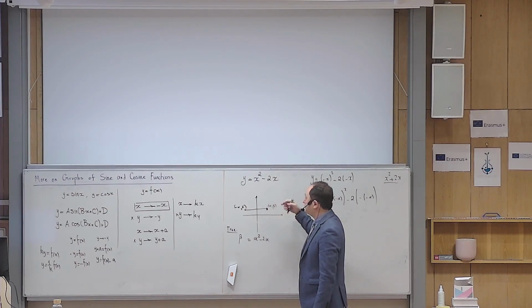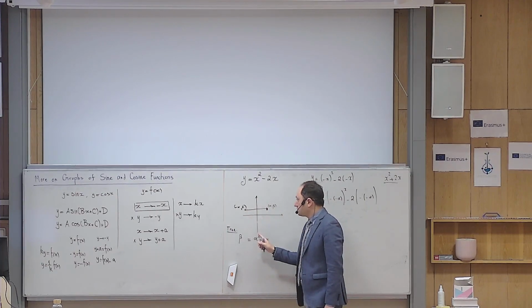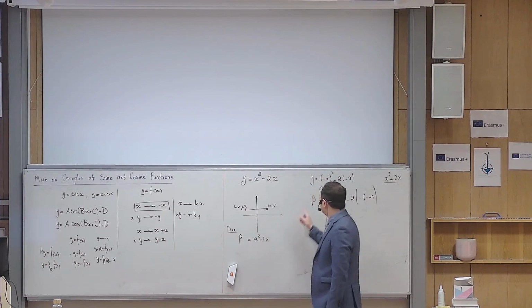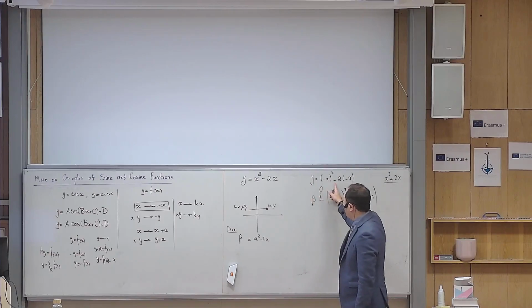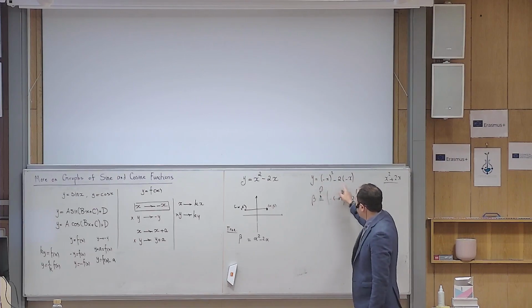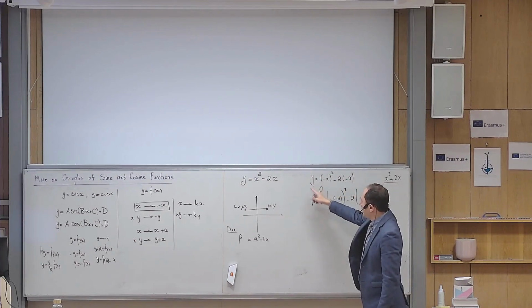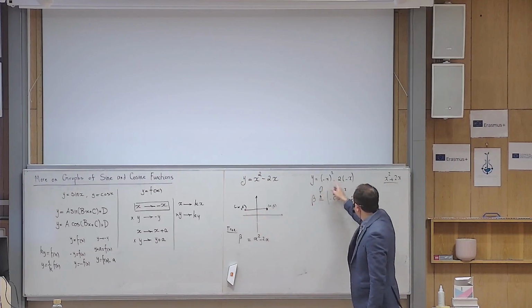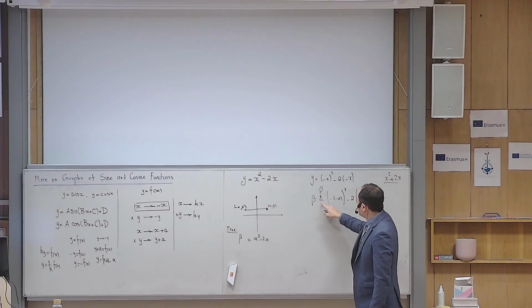I want to prove for you that its mirror image with respect to the y-axis will be on this new graph. In order to show that this is on this graph, I need to show that the coordinates of the point satisfy the equation of the function. Meaning that if I replace y with the y coordinate and x with the x coordinate, the answer to this question mark is positively true. But do you think this is true or not?